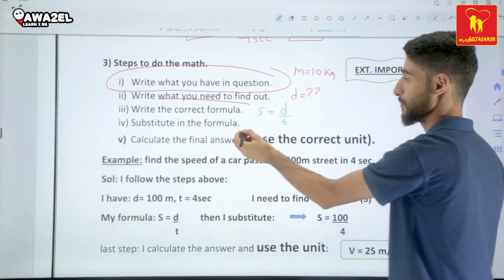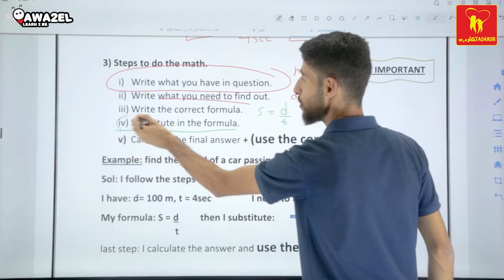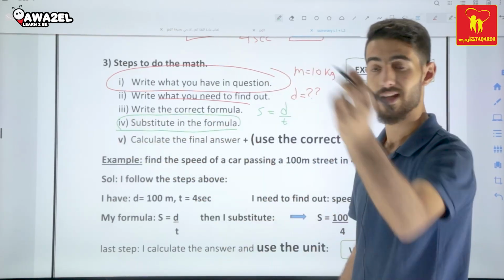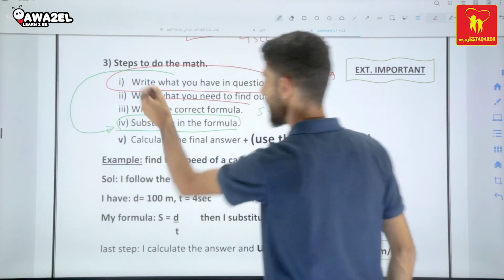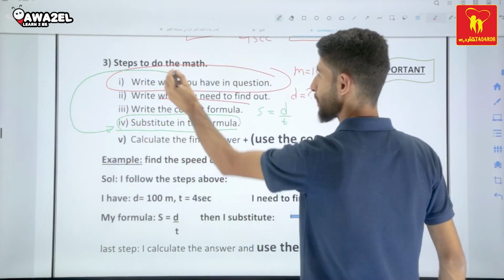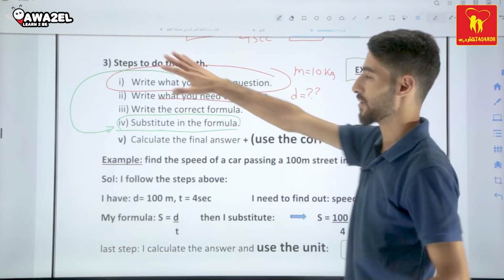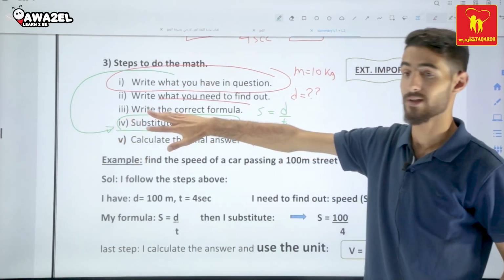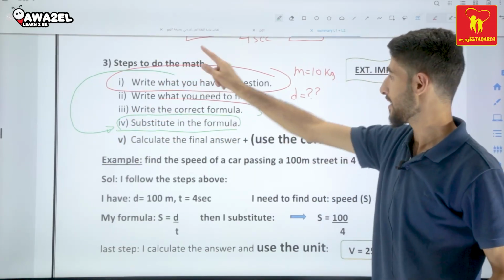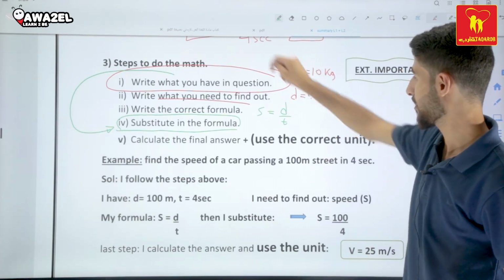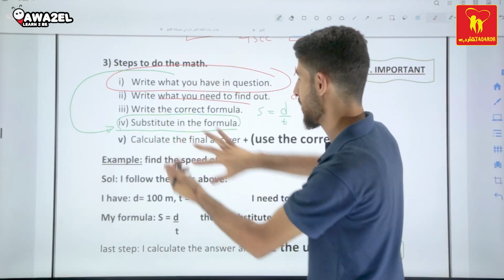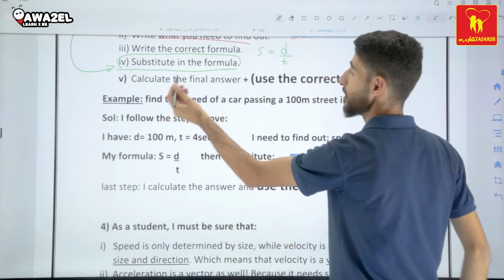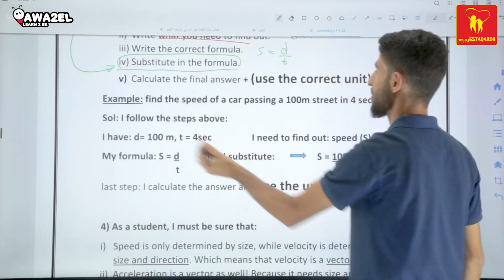Three: substitute in the formula. I need to write what I have in this formula. Instead of letters, I use quantities. Okay? Now, five: calculate the final answer plus units.